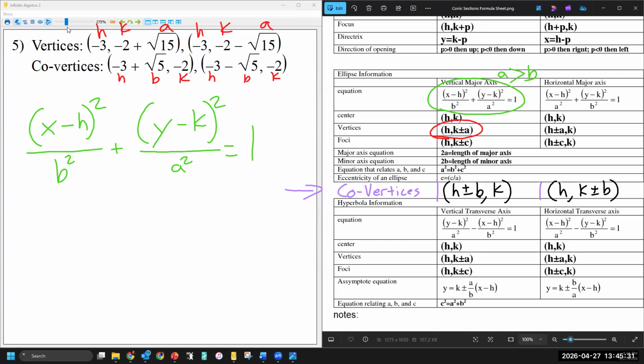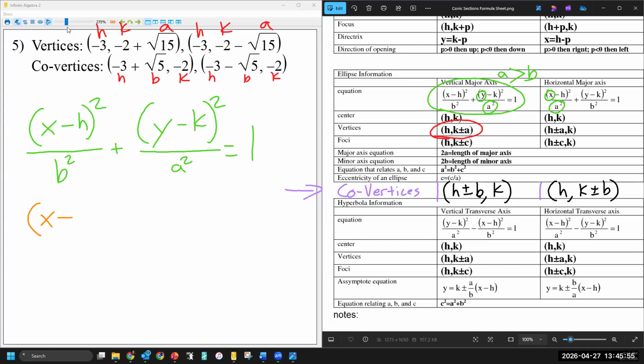So if it's vertical, A is underneath the Y. If it's horizontal, A is underneath the X. That kind of makes sense. X is horizontal, Y is vertical. So now we're just going to plug in our numbers. We're going to leave X and Y alone. We're just going to plug in for everything else. So X minus, what is H? H is -3.